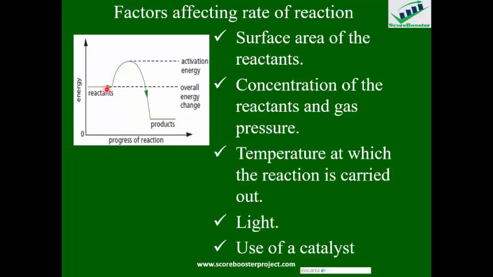From this pictorial diagram, this is the reactant side, this is the product side. This point is the minimum amount of energy that the reactant must possess to form product. So if we have reactant here and the amount of energy they have is at this level, they can't form product, because this is the energy that they must have.